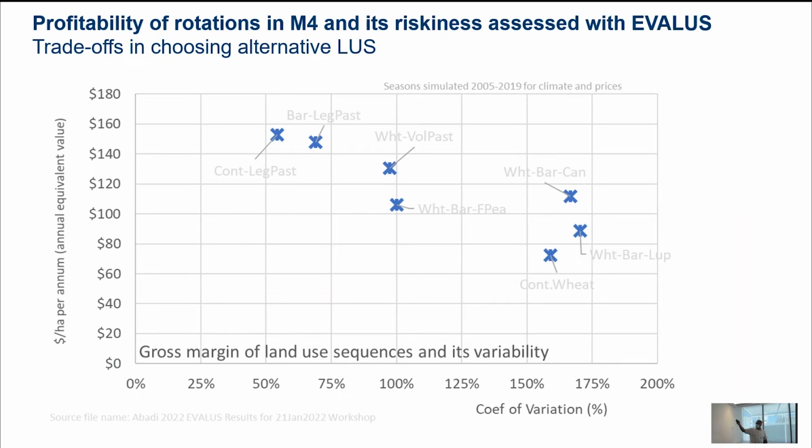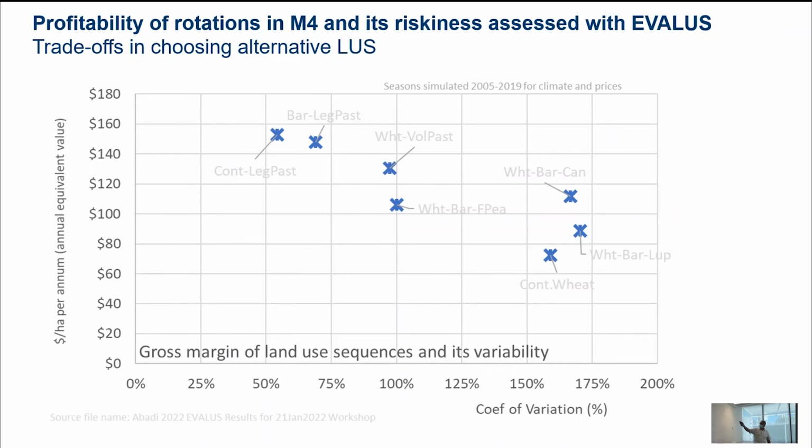So this graph is very quick. It's showing you the profit on the x-axis and the variation of that profit, or coefficient of variation, on the horizontal axis. And you can see that between 2005 and 2019, in a place that we have modeled with this, which is the M4 region, this is the kind of thing you could get.